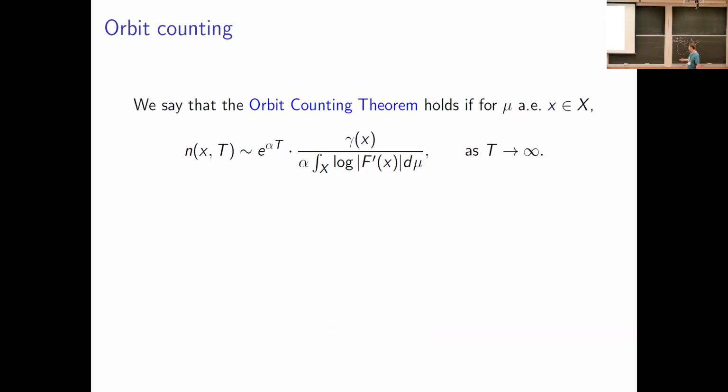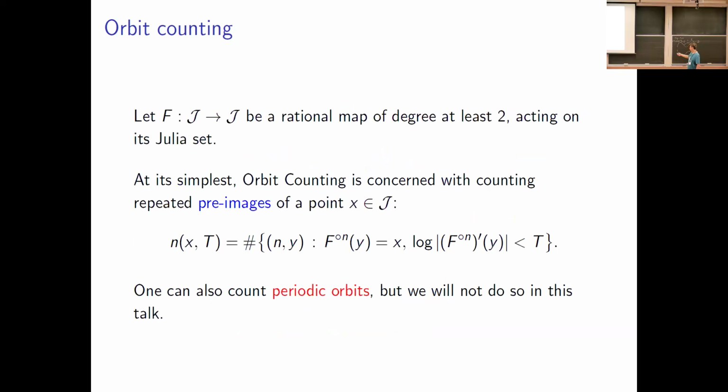T is this cutoff on the derivative. So n can be arbitrary.